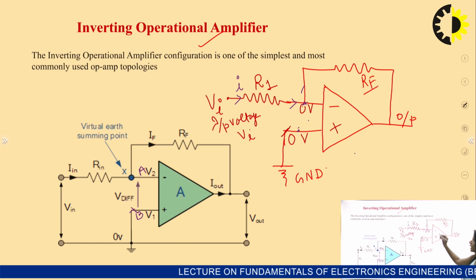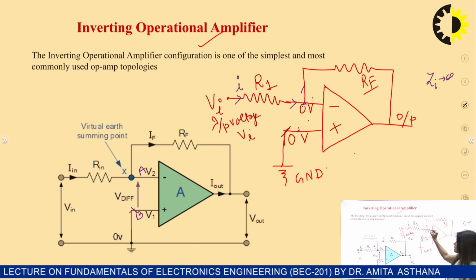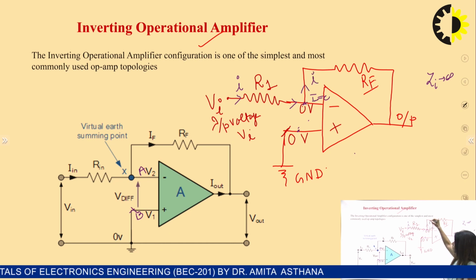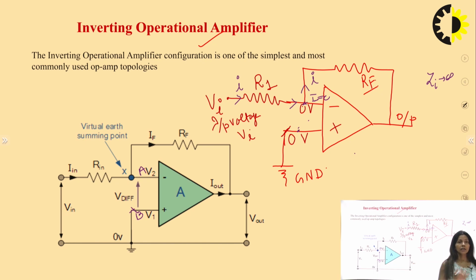Since the input impedance of the op-amp, Zi, is infinite, no current will go inside the op-amp. So all the current will go through the feedback resistor RF. The current supplied by the input voltage passes through R1, does not go inside the op-amp, and just flows through the feedback resistor RF.